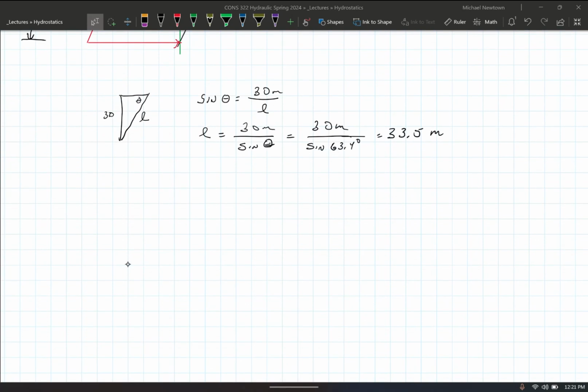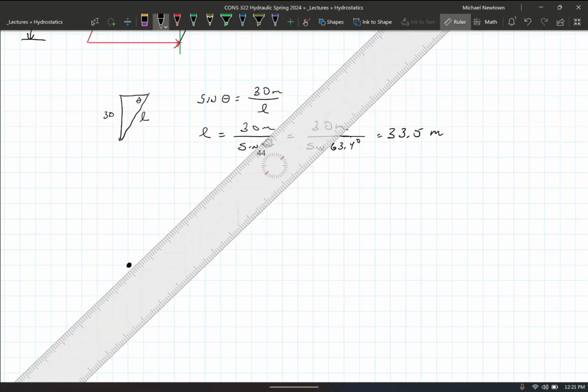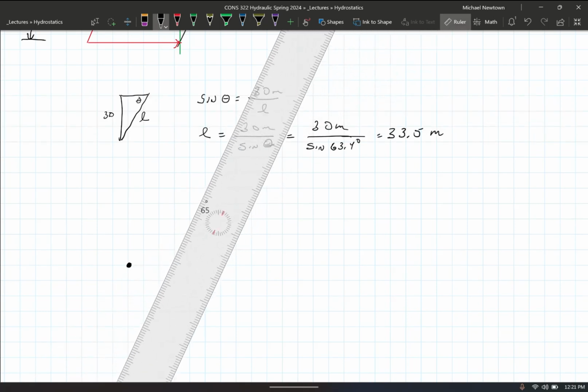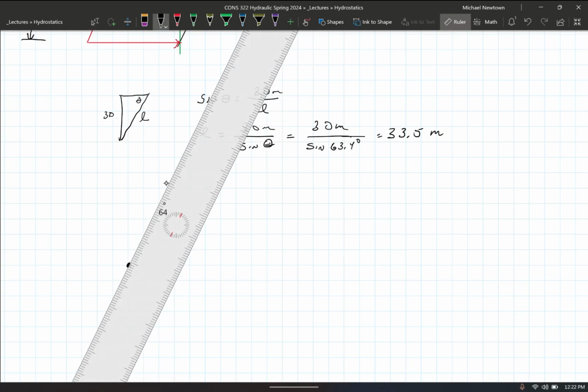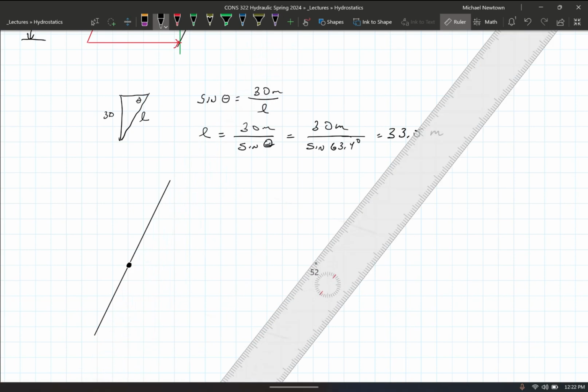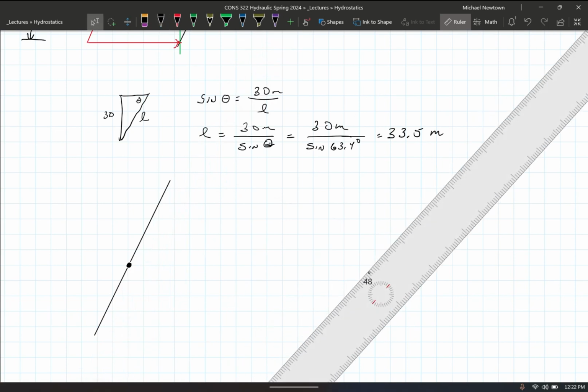Pick a point. And then let's lay out all the forces that are really playing here. First one, I have a W, big W, it's weight.